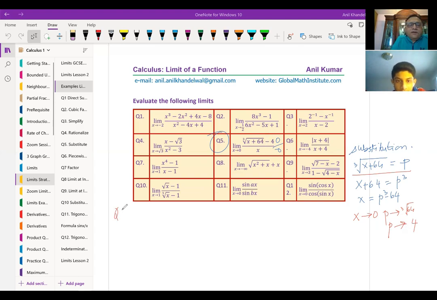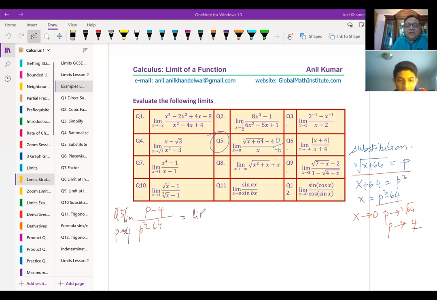So question 5 can now be written as p minus 4, because p is the cube root of x plus 64, and the denominator x is p cubed minus 64. And then we have a limit, which is the limit as p approaches 4, correct? You can clearly see it is an indeterminate form. As soon as I put 4 for p, 0 over 0 is the result, right?